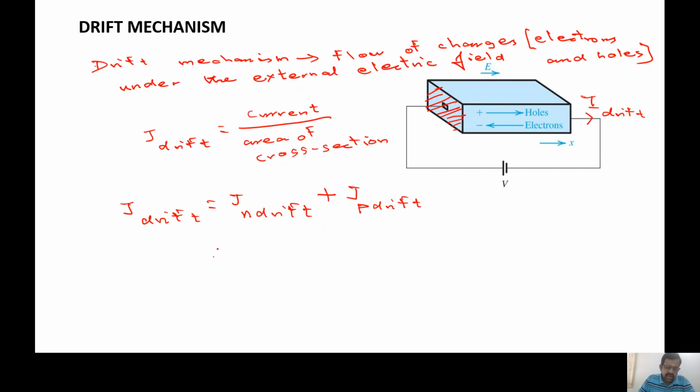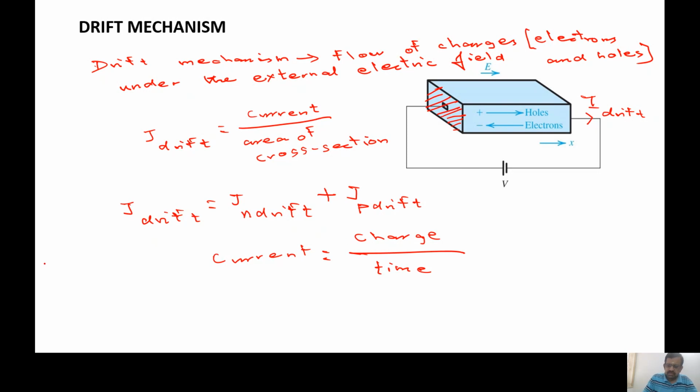Okay, so to do that, we will go to the very fundamental definition. Current is nothing but the rate of flow of charges, charge per unit time. So what is this charge here?